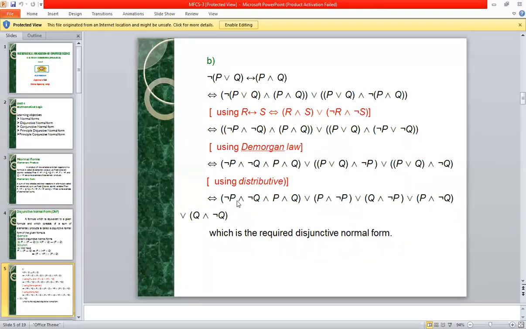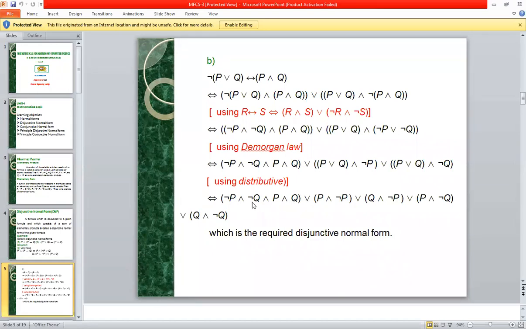The first term is the same, negation P and negation Q and P and Q, or here also we apply the distributive law: (P and negation P) or (Q and negation P), or (P or Q). Here also we apply the distributive law: (P and negation Q) or (Q and negation Q). So this is in the form of a sum of elementary products.